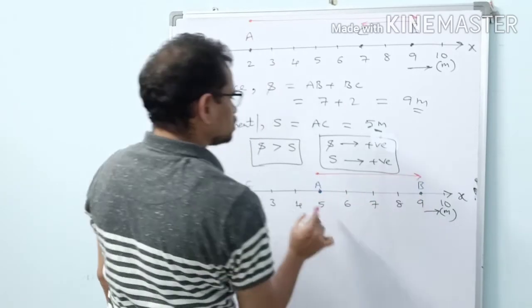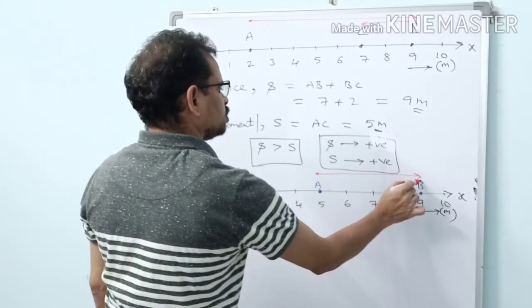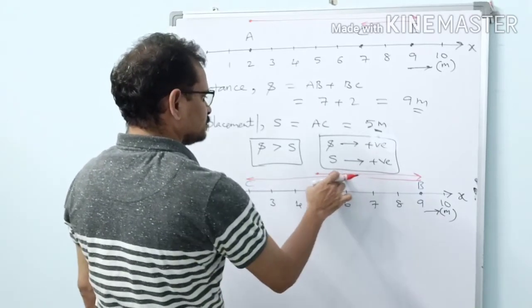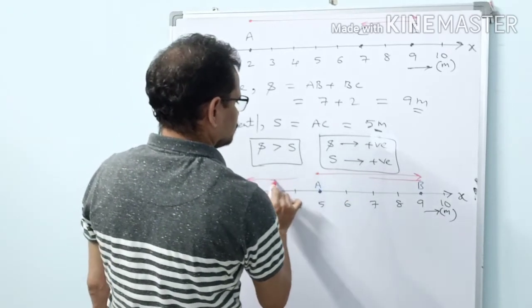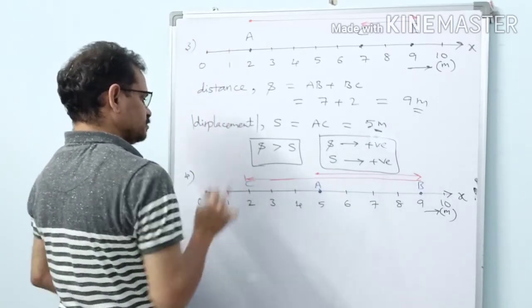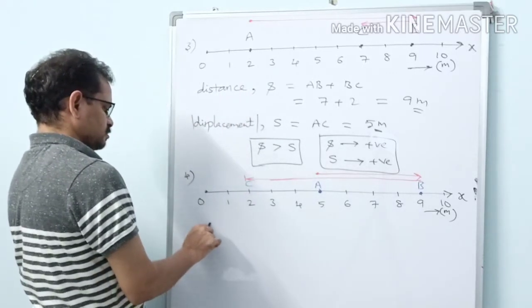A to B, the body starts its journey at position A, reaches position B and again returns from position B and reaches position C. Now let us check what is distance in this case.